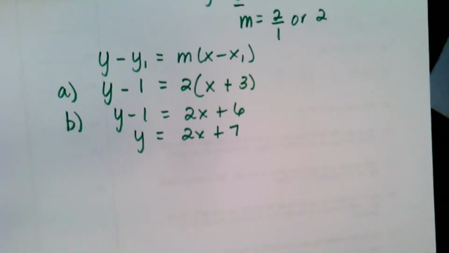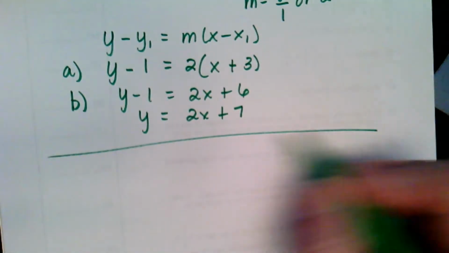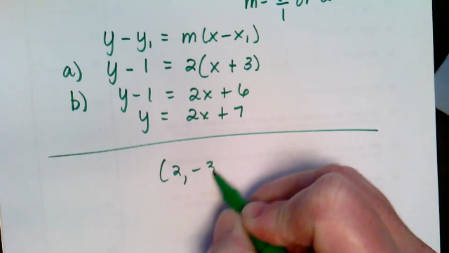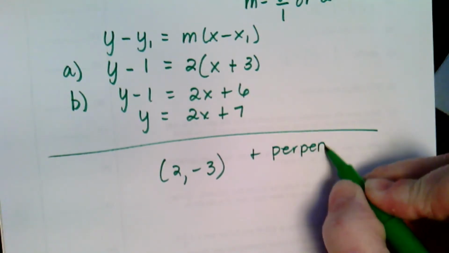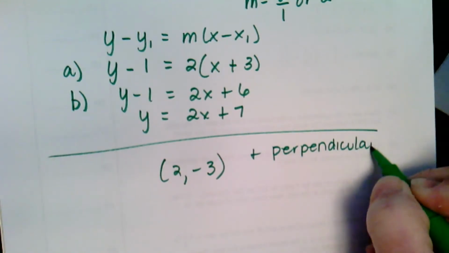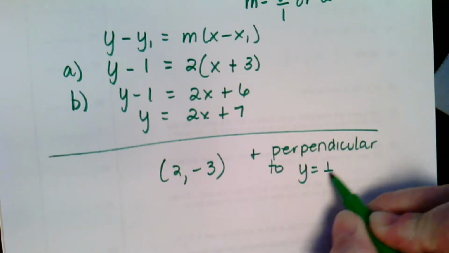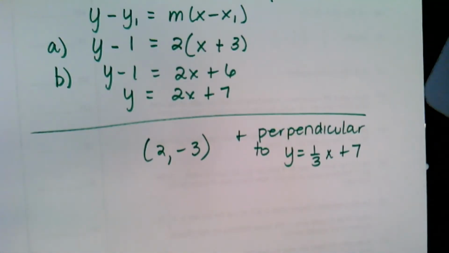So they say find a point slope form and slope intercept form of a line that is passing through (2, -3) and perpendicular to this line. Alright, so we need a point and we need a slope.